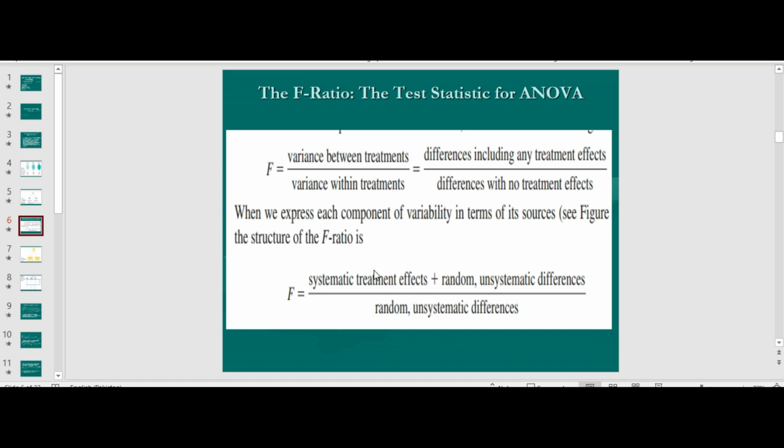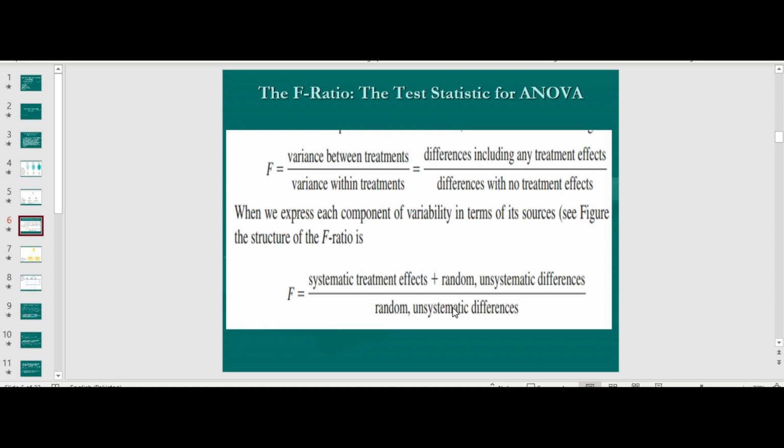When there is no systematic treatment effect, the differences between the treatments in the numerator are entirely caused by random and unsystematic differences. In this case, the numerator and the denominator of the F ratio are both measuring random differences and should be roughly the same size.